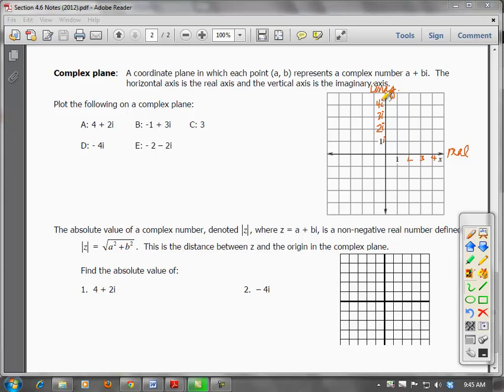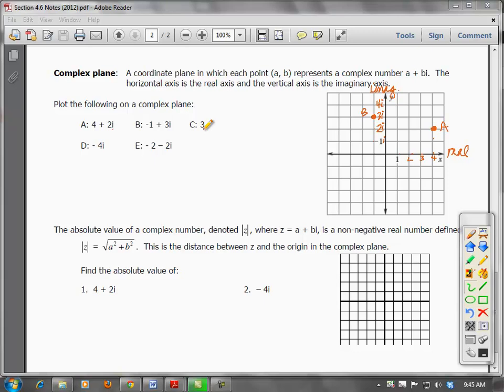You plot points the same way you did when they were a coordinate. If I have in number A, 4 plus 2i, that means I go right 4 and up 2i. There's my point for A. In B, -1 plus 3i means I go left 1 and up 3i, and then I get my B.